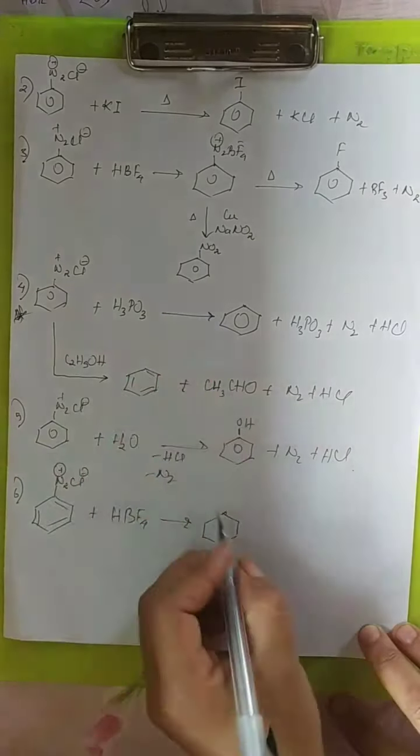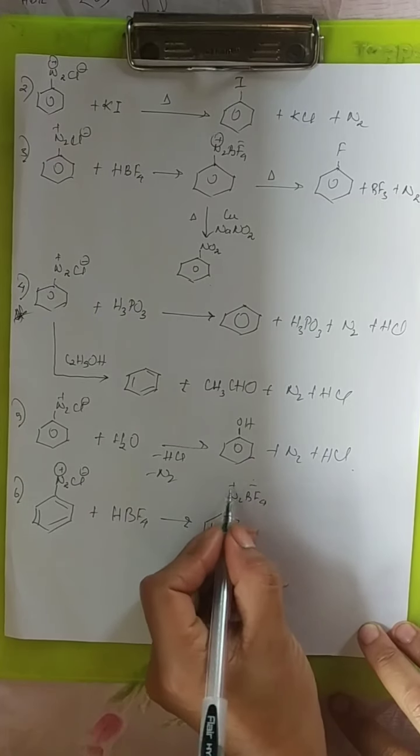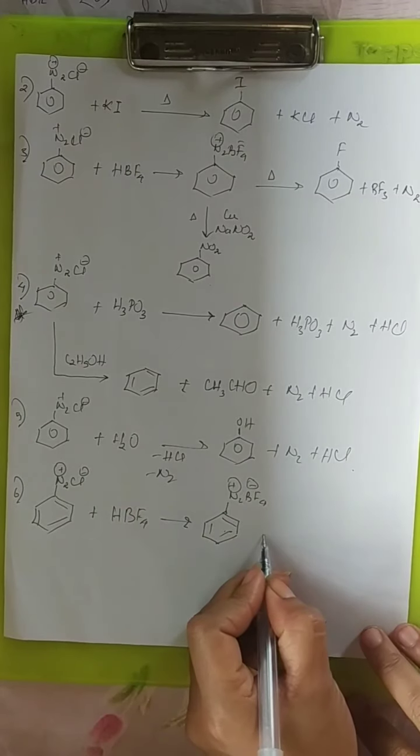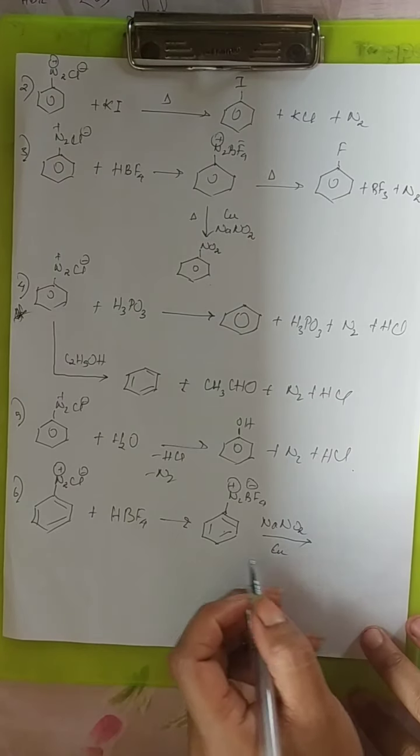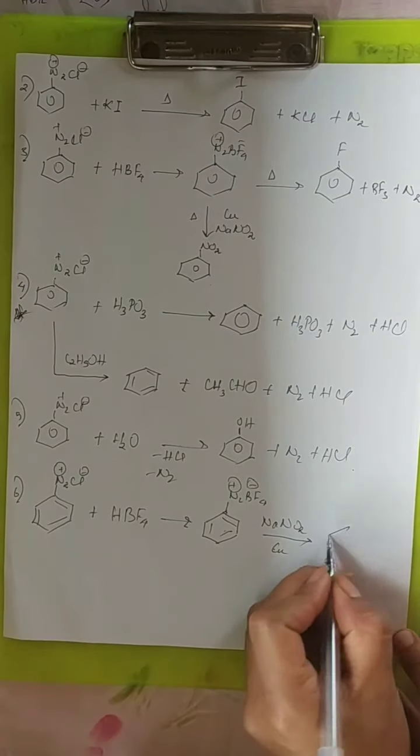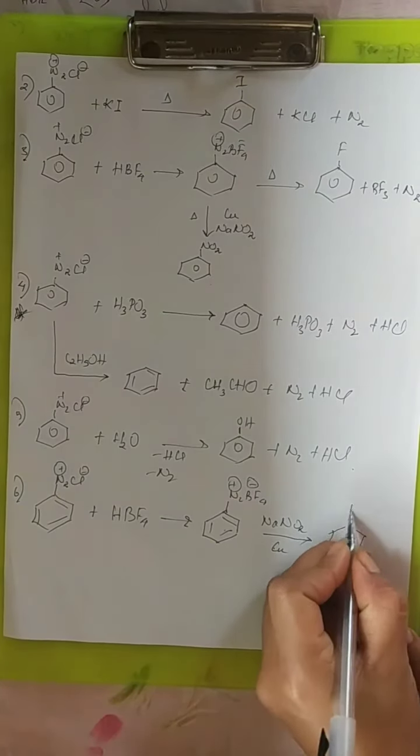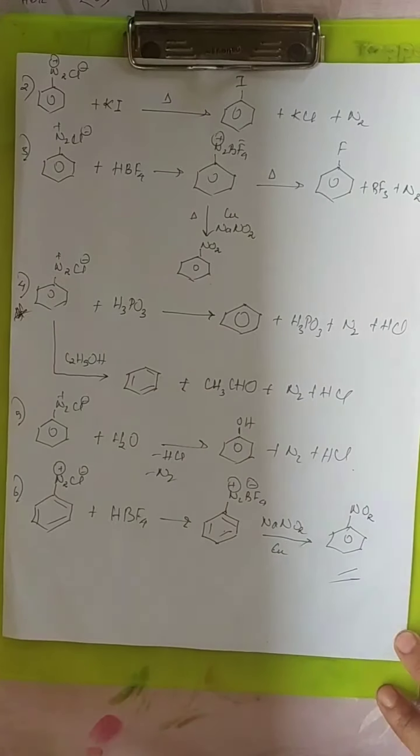Let me do it again here. We will be getting here N2 BF4 minus and then plus. Now when this is reacted with NaNO2 and in the presence of copper, the diazonium group is replaced by NO2 group. This is also an important reaction in the displacement of the nitrogen group.